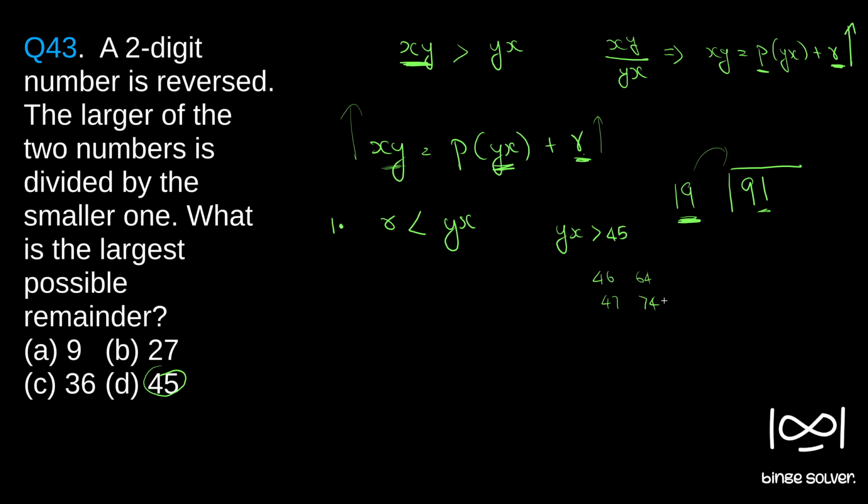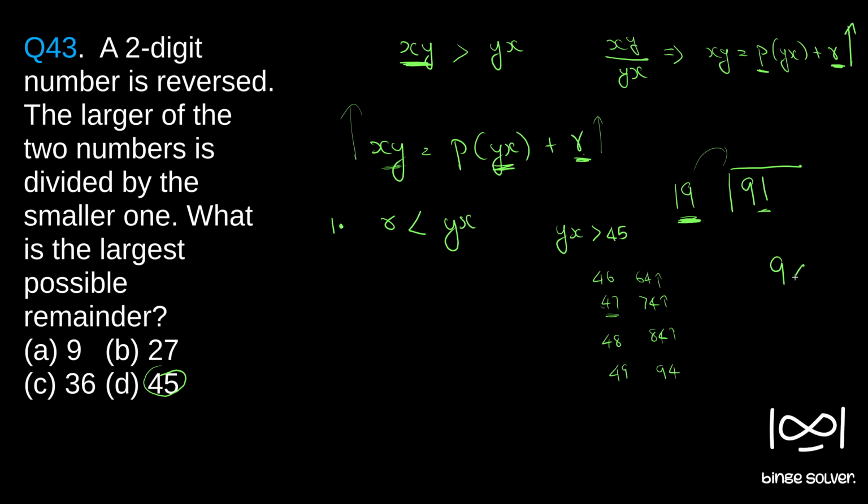As you can see, this number is increasing, so the remainder will not be as large. If you take 48, 84 is the number, it's increasing, and 49 gives 94 as the reversed number.